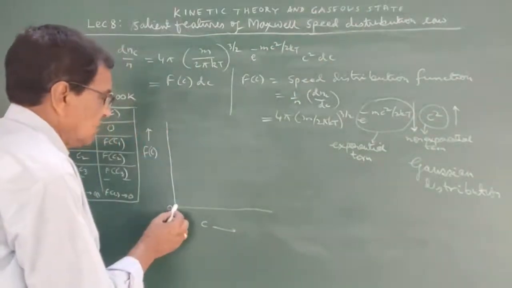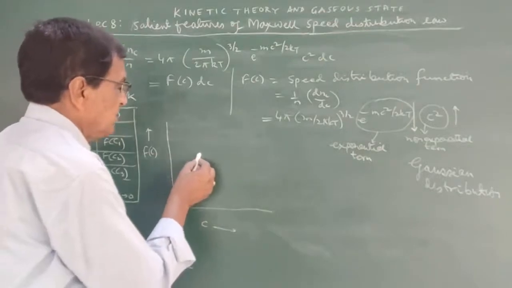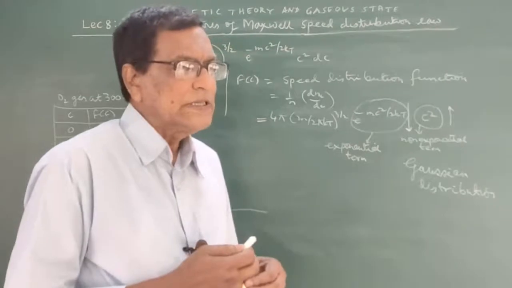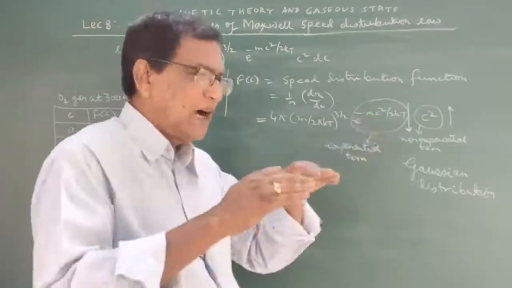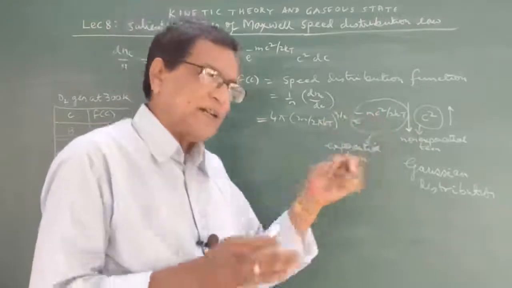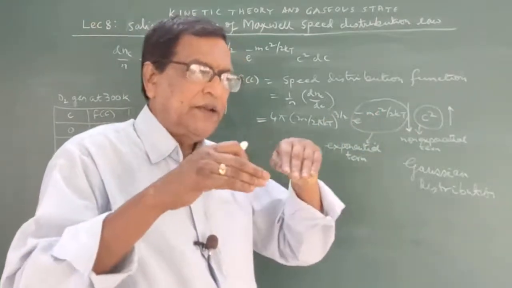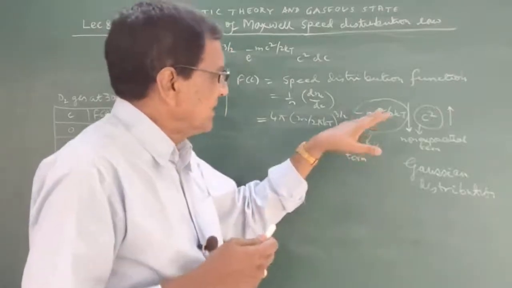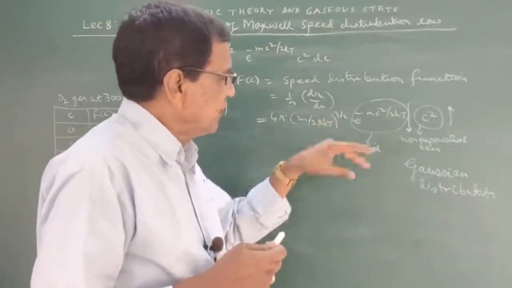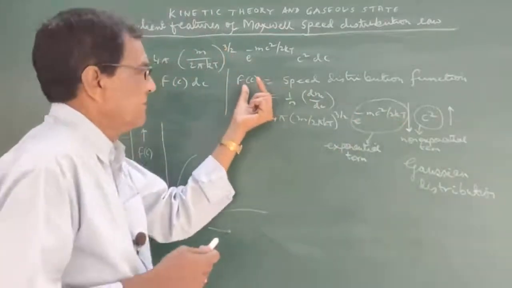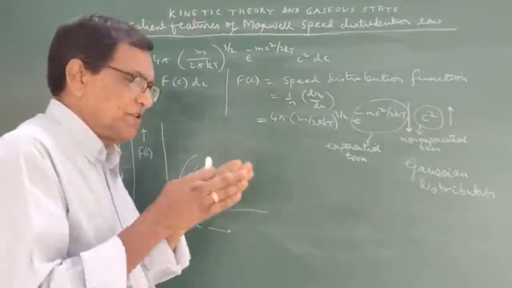When C is getting higher and higher, the exponential term begins to dominate, and this term decreases with the increase of C, and so Fc also decreases.